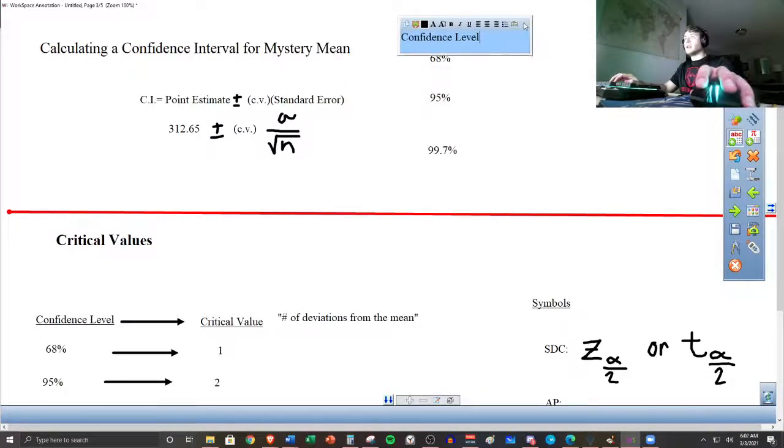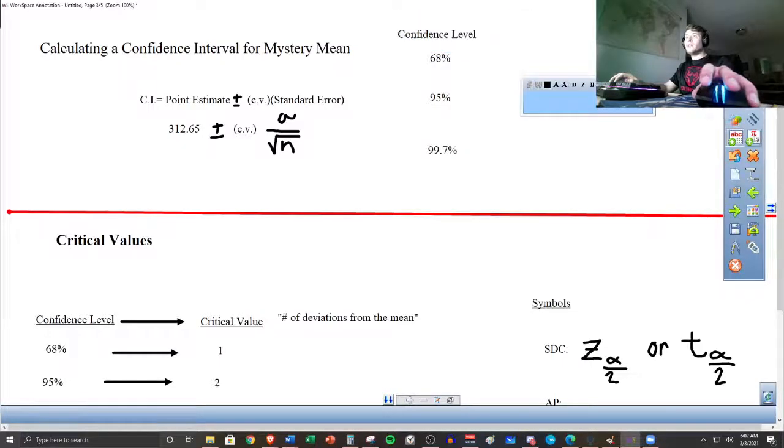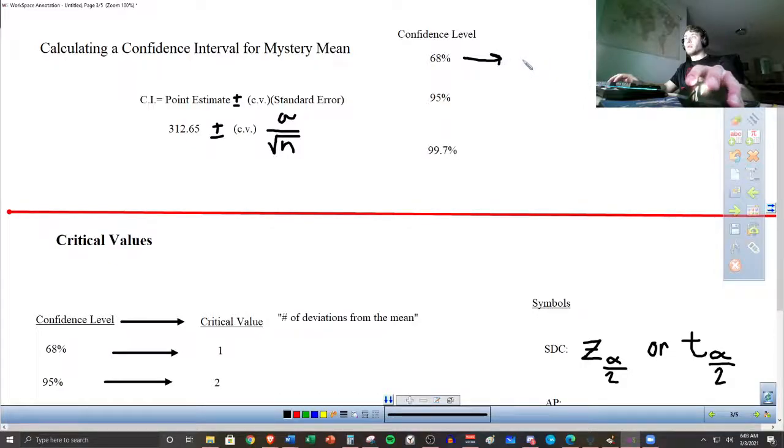Okay. So now for each one of these, we are going to create a new interval. We're going to do 3 for the confidence interval: 312.65 plus or minus... What would be the critical value for a confidence level of 68%?